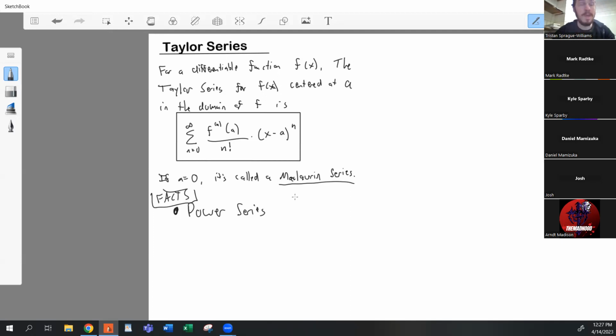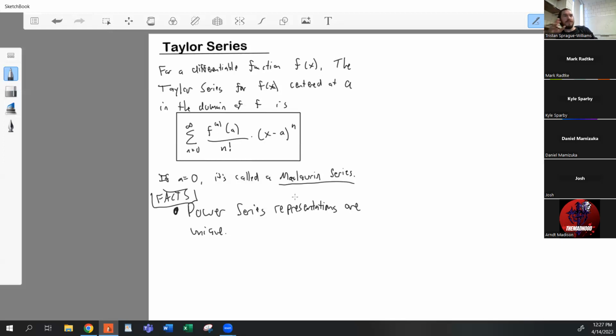One of the things that's true about power series representations is that they're unique. Which means if a function has a power series representation, then the Taylor series at that point is the power series representation. It's unique, there's only one.